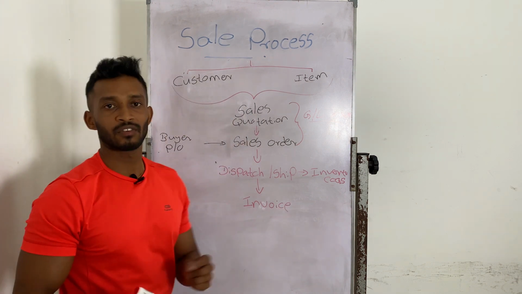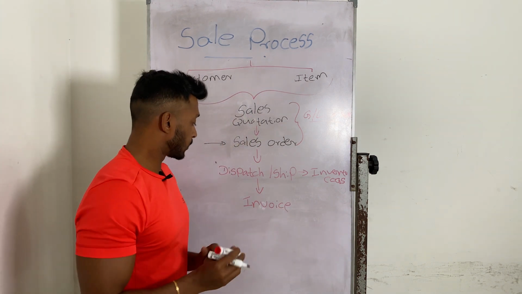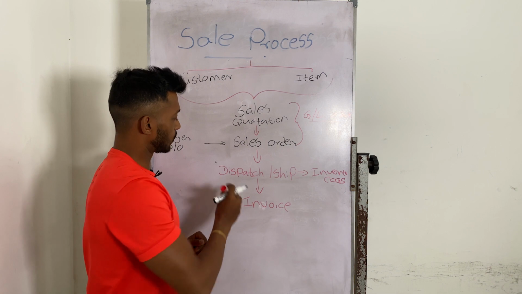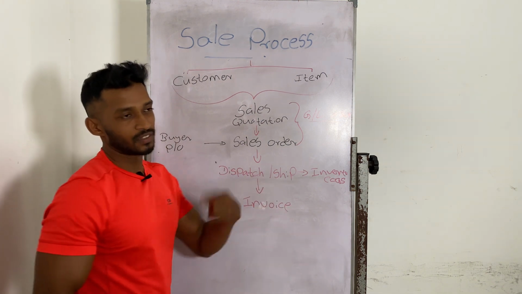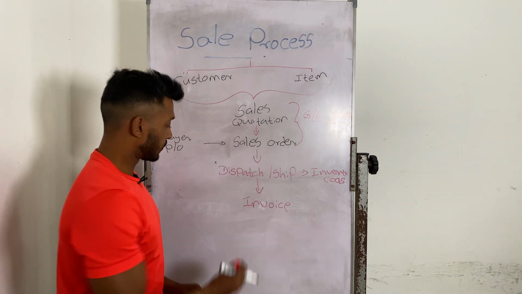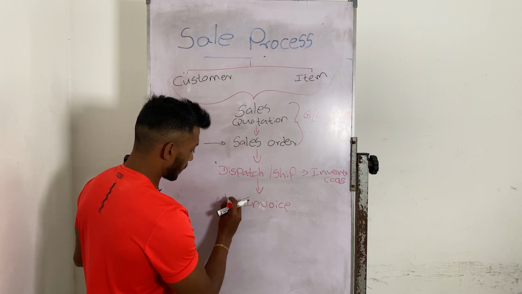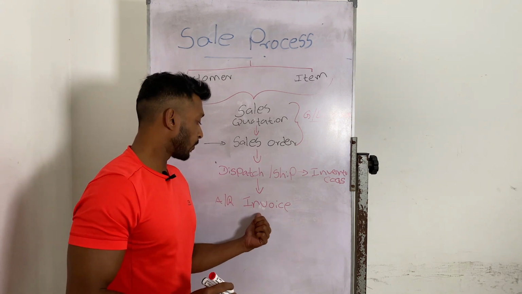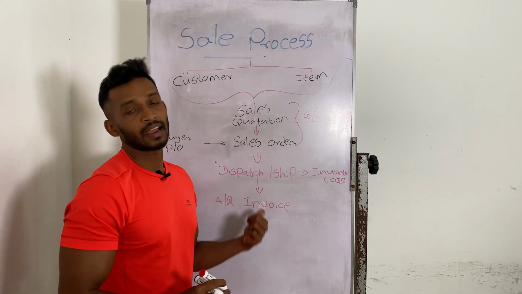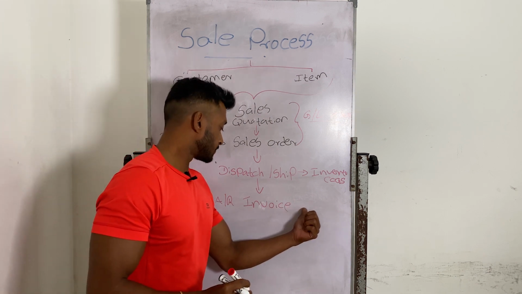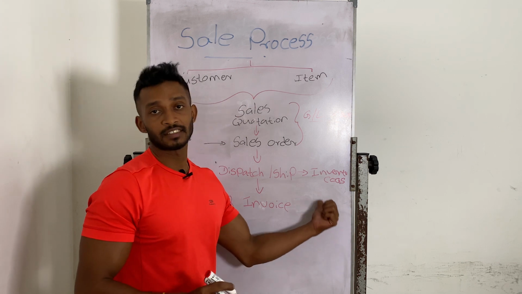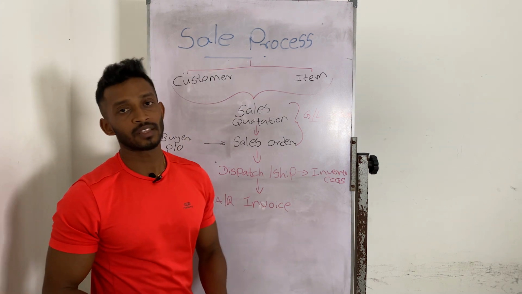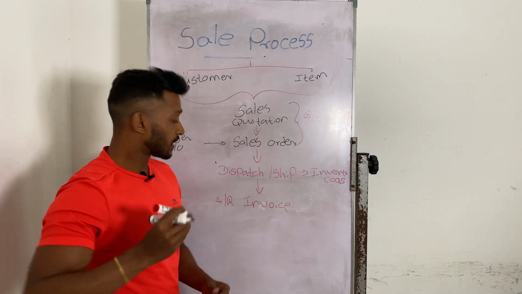Normally dispatch and invoice generation are done together, because at the point of dispatch we send the invoice to the customer. We call this the AR, accounts receivable invoice, because only at the point we generate the invoice can we identify the balance for the customer, which means the receivable balance until we receive cash.